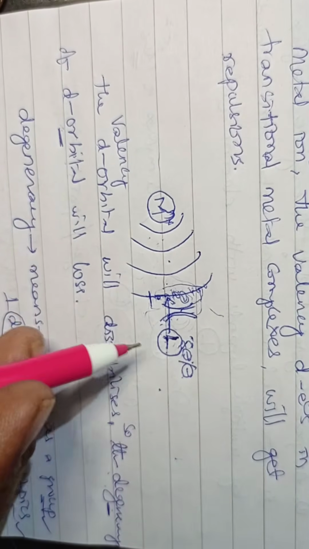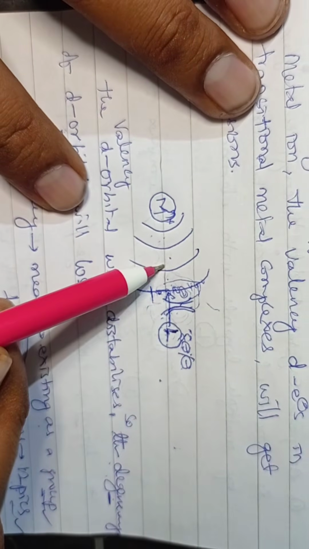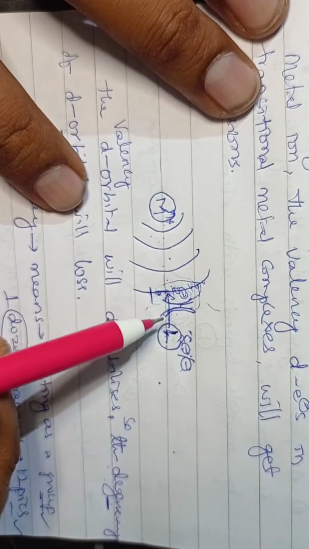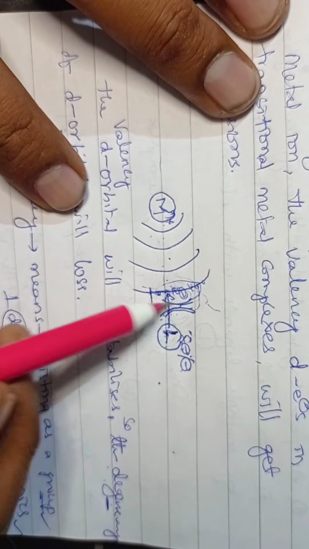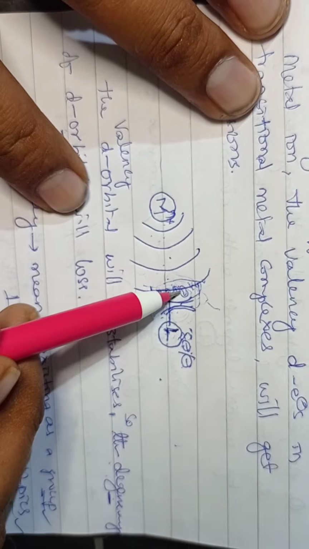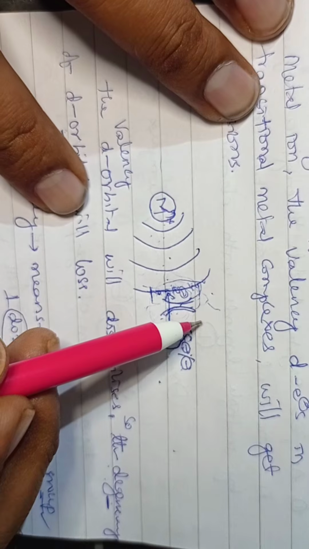One more time I will say why it has to take place. When ligands are approaching towards the metal ion, the valence orbitals will have certain electron density. This electron density will surely have negative charge. Electrons are nothing but negative charge, right?